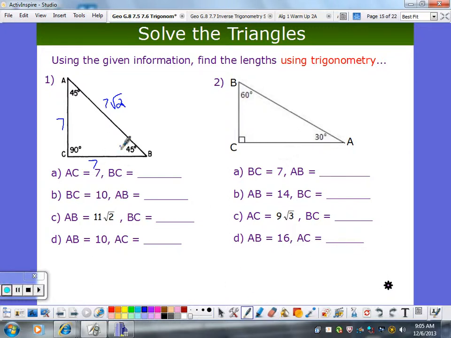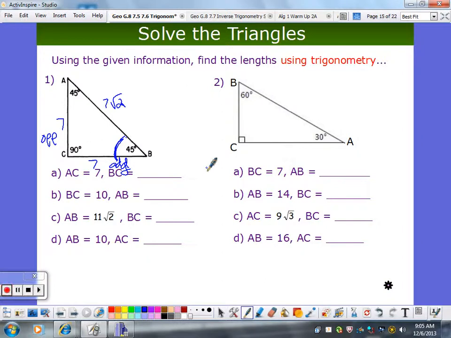So if AC is 7, that's our given, and I'm looking at finding BC. It doesn't matter which angle we're referencing, they're both 45, but that would be an opposite, right? And that would be an adjacent. Okay, so let's see here.